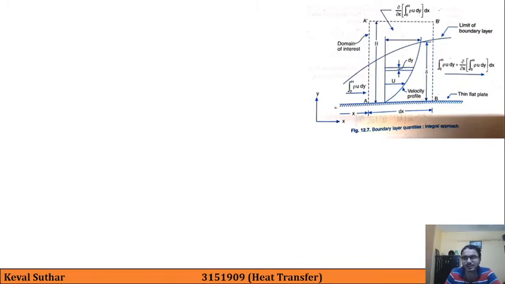So here if you see, we are going to zoom this later on. This is our thin flat plate, and this is our limit of boundary layer that we have seen, and this is our velocity profile.